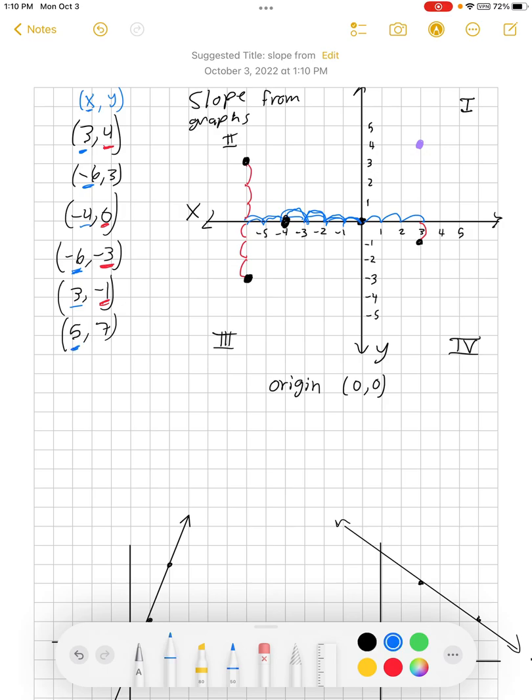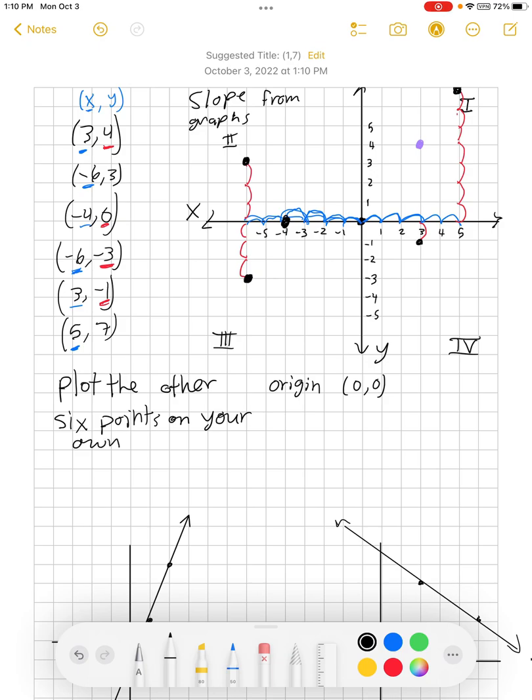We have one more point to plot. We're going to go over 5, and then up 7. Plot the other 6 points on your own.